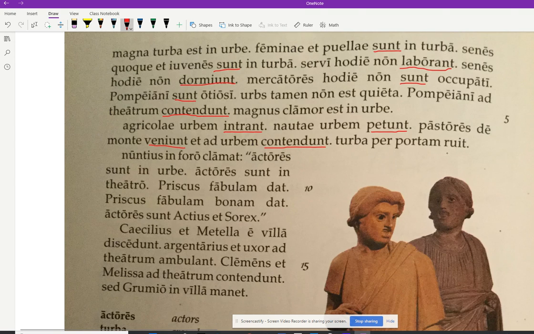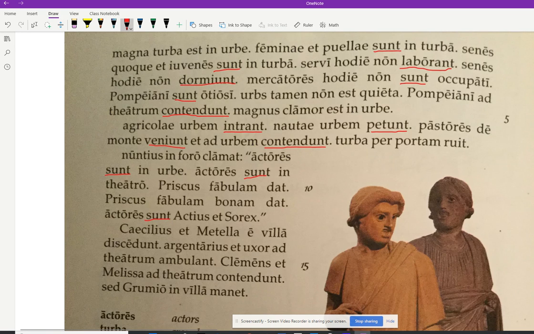Turba per portam ruit. Okay, ruit is singular. Nuntius in foro clamat. That's singular. Actores sunt again. In urbe, actores sunt. In theatro, Priscus fabulam dat. Okay, that's singular. Priscus fabulam bonam dat. Actores sunt.